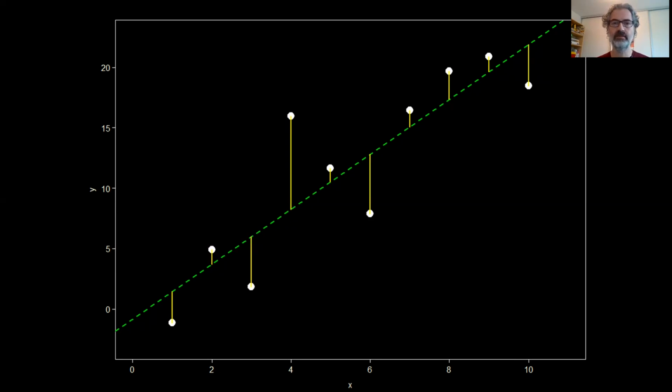For this particular line of prediction, these yellow lines are the prediction errors or the residuals. These are the actual values, so we can see how much they are numerically. You see that when the points lie below the line, the residuals are negative. When the points lie above the prediction line, the residuals are positive.